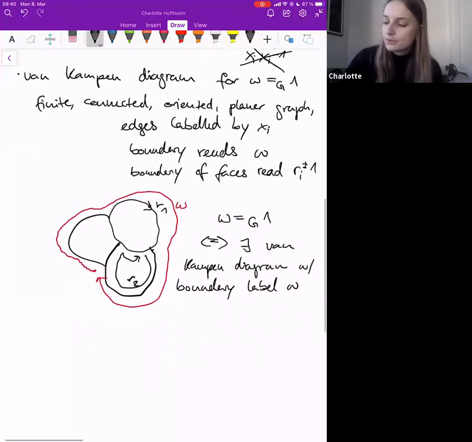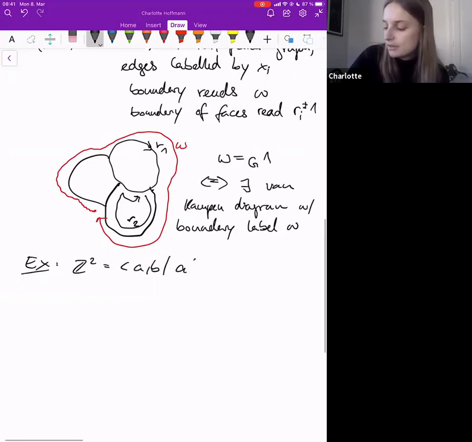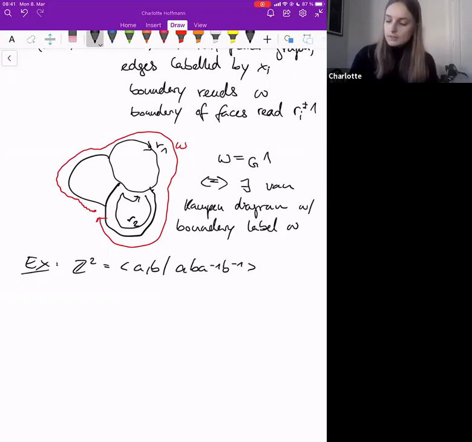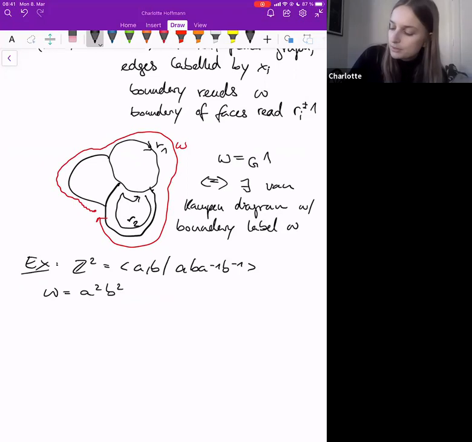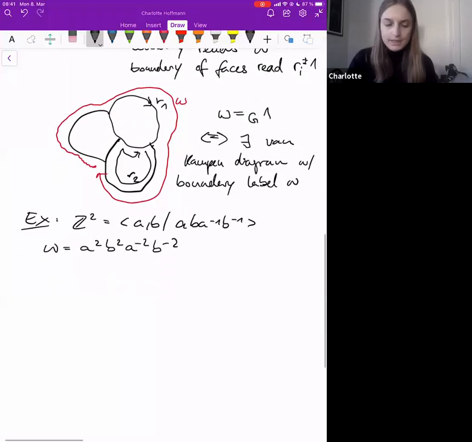Okay, so let's see an example. Take the group Z², which has two generators and then the relator. And I take the word a², b², a⁻², b⁻². Now I want to construct a Van Kampen diagram for this.